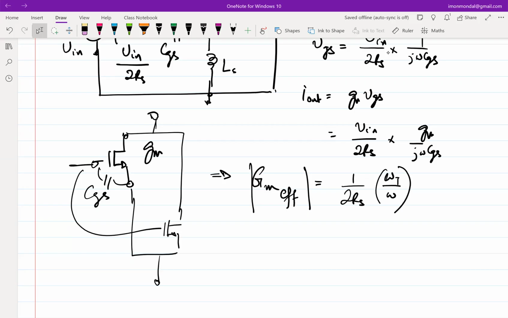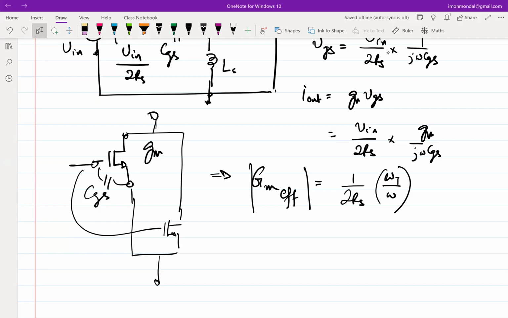For a fixed? But I have not told you, I said fixed overdrive. Fixed V overdrive, right? Sorry, fixed W by L. So what type of biasing are you assuming? Are you assuming a constant current bias?